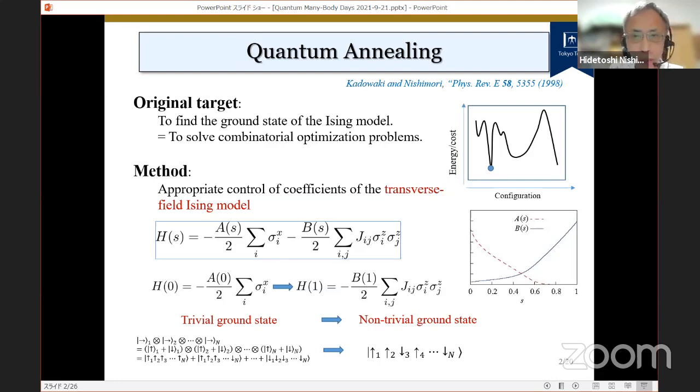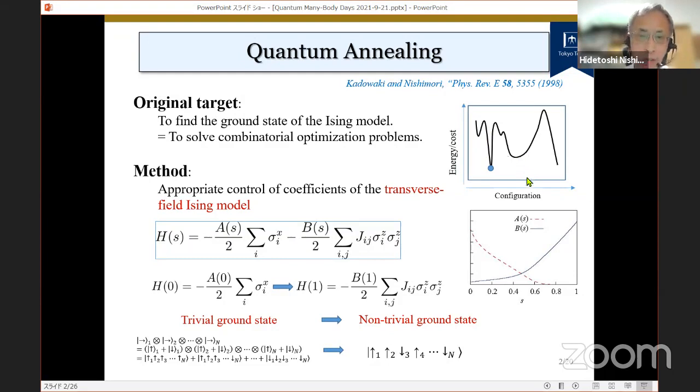that we proposed back in 1998 was to solve the ground state search problem of the Ising model with generally complicated interactions. And here, as you see in this cartoon, there are many Ising spin configurations, 2 to the n of them, exponentially many configurations, where n is the number of spins or number of sites, and the energy is a function of these configurations.